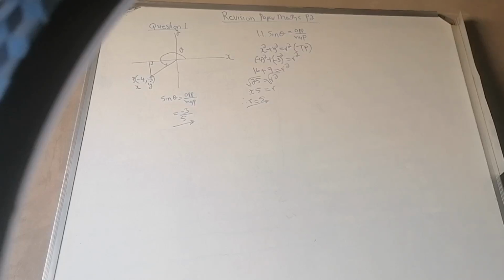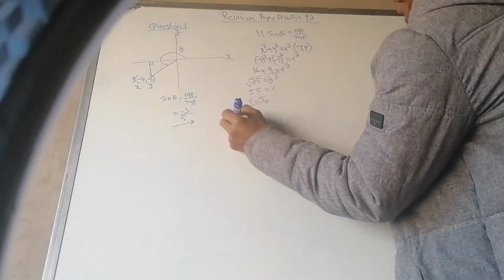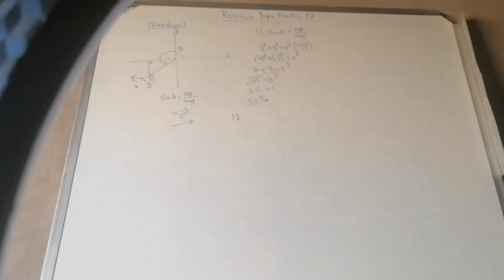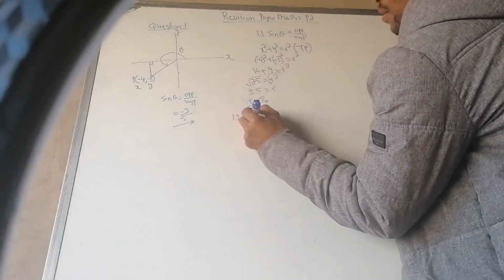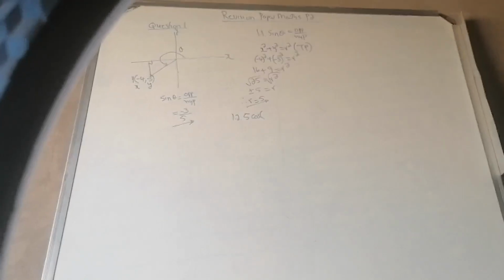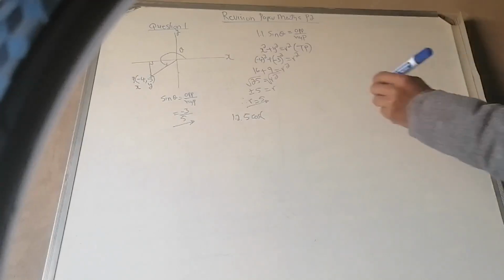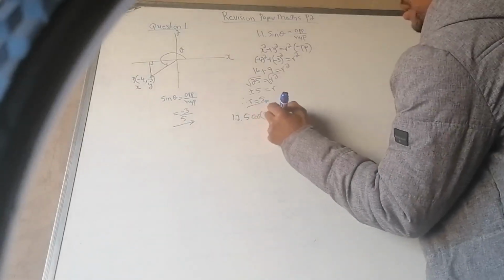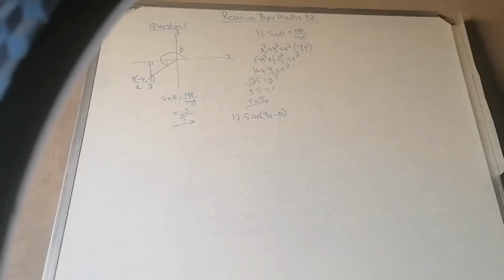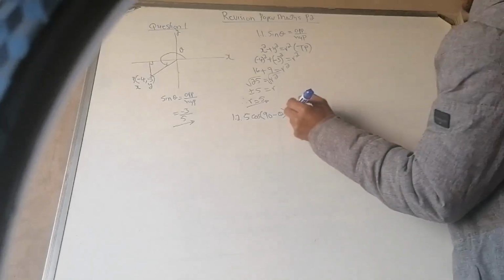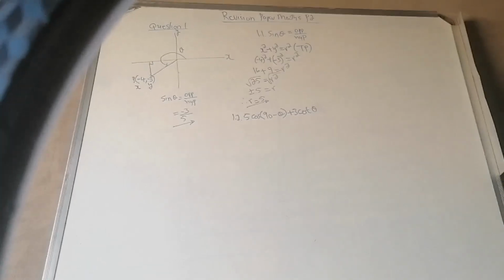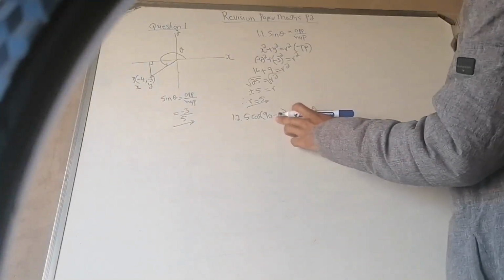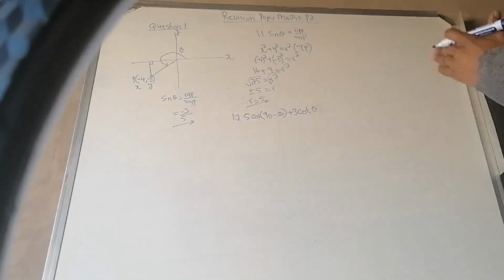Okay, that is fine. We can go to 1.2. They say that we should find 5 times the cosine of 90 minus theta plus 3 cot theta. Right. Now I know, okay, 90 minus is the first quadrant.